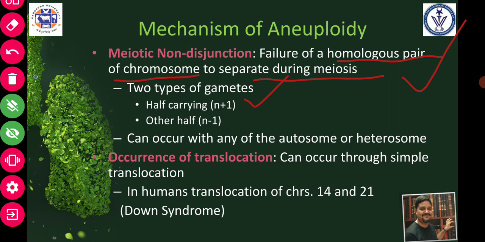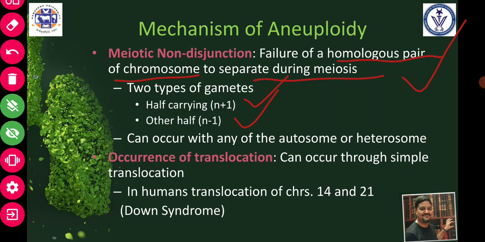If there is failure, the chromosome will go towards one pole in one kind of cell, and in another kind of cell there will be lack of that chromosome. So half will have complement n plus 1, whereas the other half will have complement n minus 1.